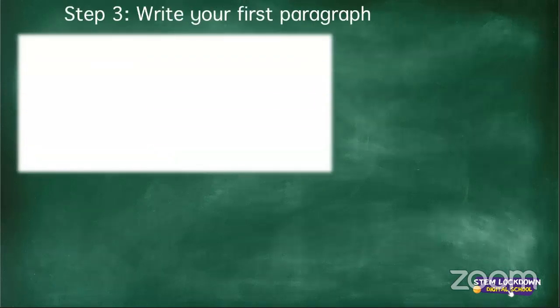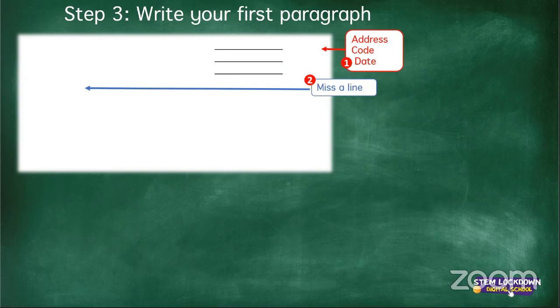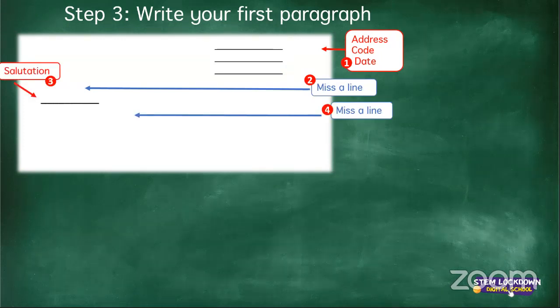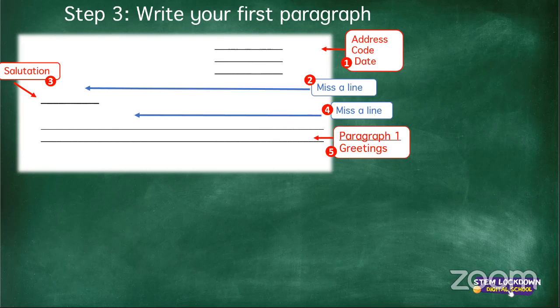Okay, step 3 now, you're going to write your first paragraph. So you've done your address, you've missed your line, you've given your salutation, you've missed another line, and now it's your first paragraph, which is a kind of a greetings paragraph. How are you? I miss seeing you. It was great seeing you last year when we were in Durban, something like that.